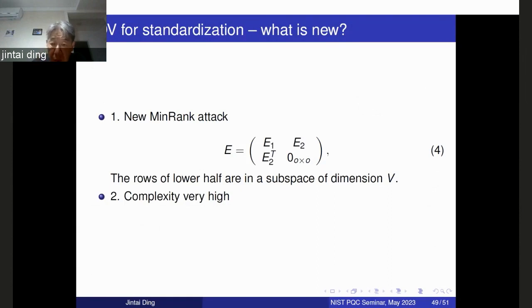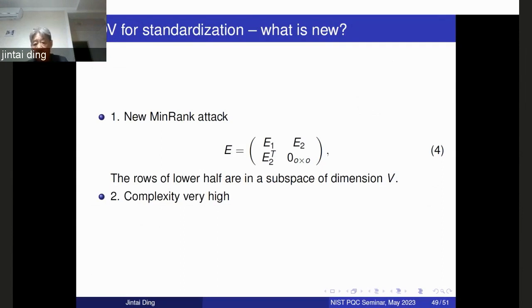But if you pick more rows, and the number of rows times o is bigger than v, then the span of the space is still a subspace of dimension v. That gives you a new way to describe a new attack using the MinRank property.